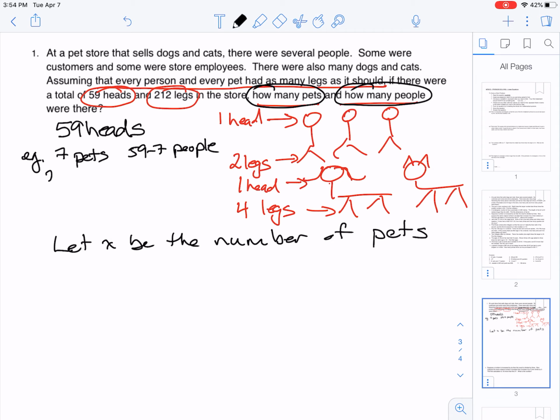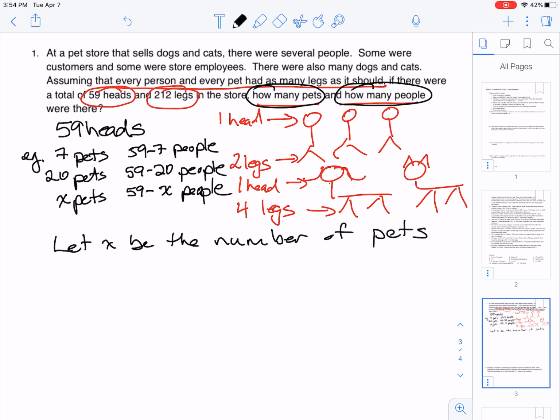If we had 20 pets, then we would have 59 minus 20 people, which would be 39. Well, we don't know how many pets there are. We know there are x pets. So that means there must be 59 minus x people.